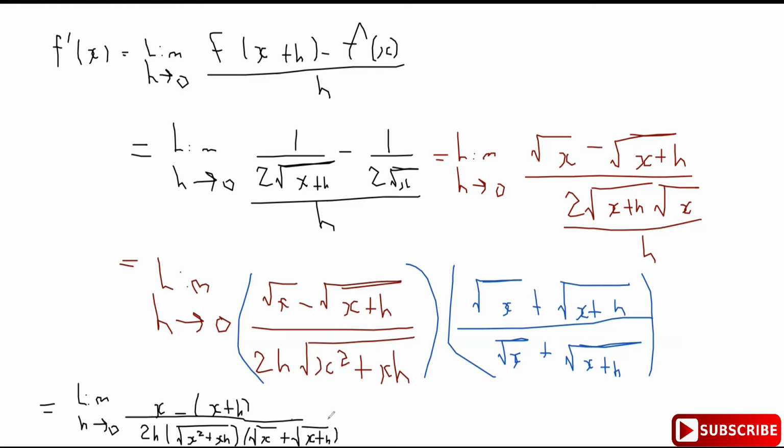Since this is what we have now, what do you notice? The x minus the x will cancel each other. If we want to do it in one step, when you multiply across the numerator it becomes a difference of two squares, so it becomes x minus x minus h, and then x minus x cancel each other.